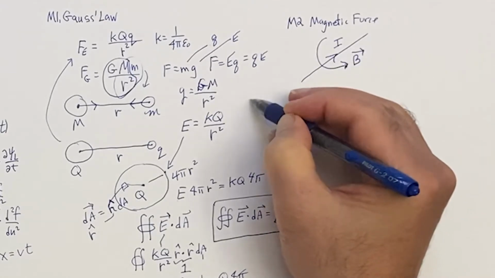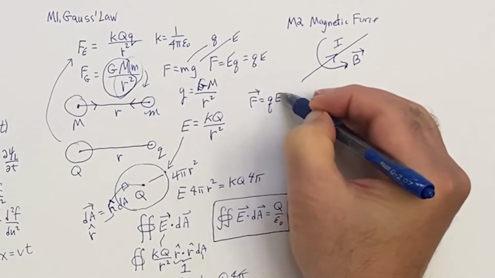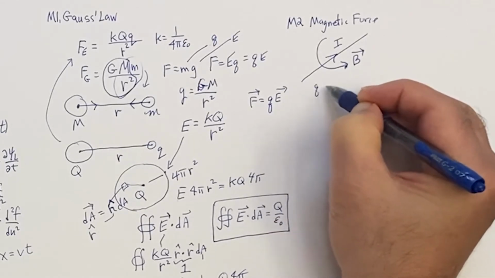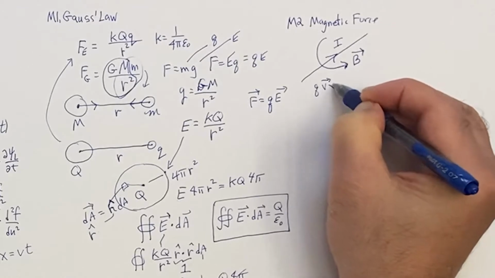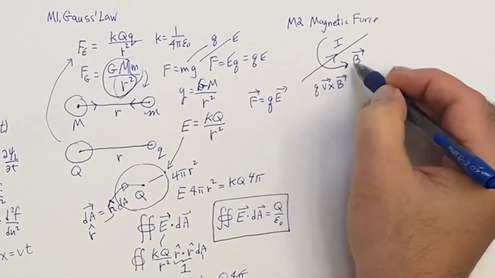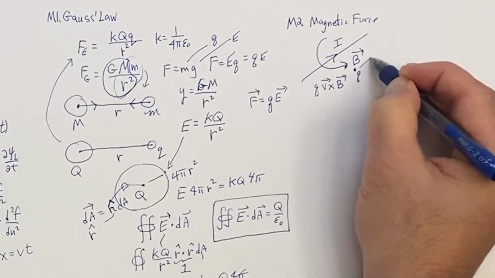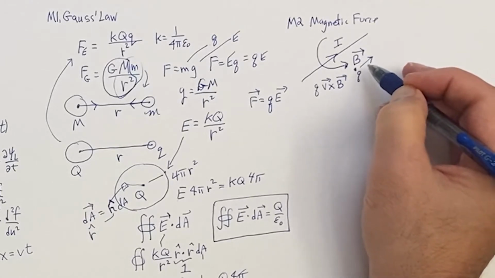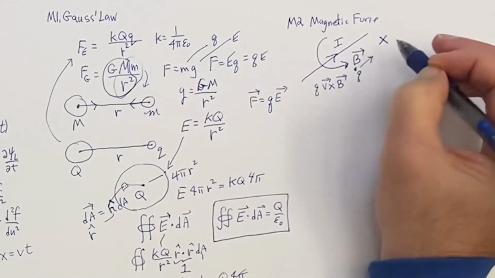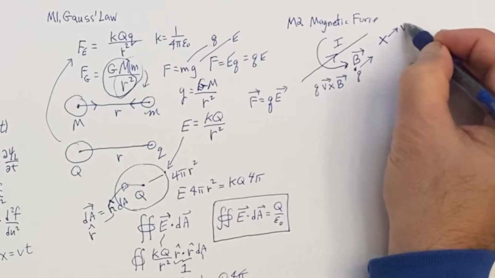And just like here, you had some kind of interaction with the charge, Q times the E force field, the way this one works is you have the charge, it has to be moving, and you take V cross B, and that gets you the force. So if you have a point charge, say here, Q, moving upward, then when you take the B, what they do in books often, they'll put the little X, which means the B is going into the page. And this is your, say, velocity direction.